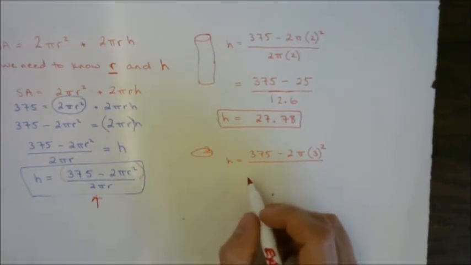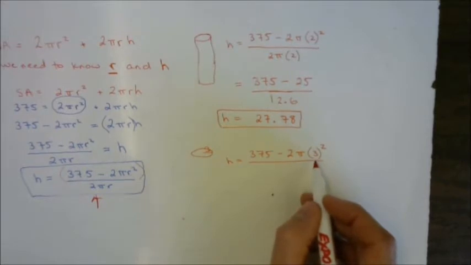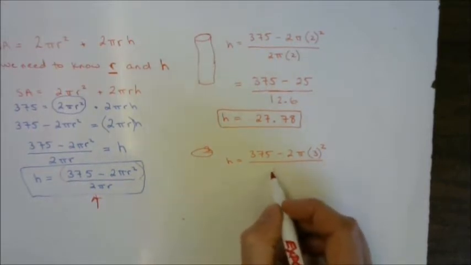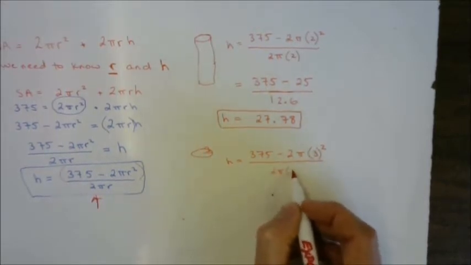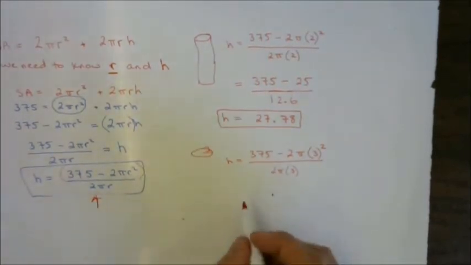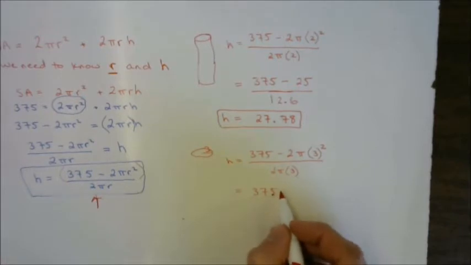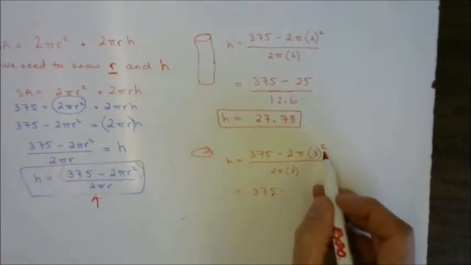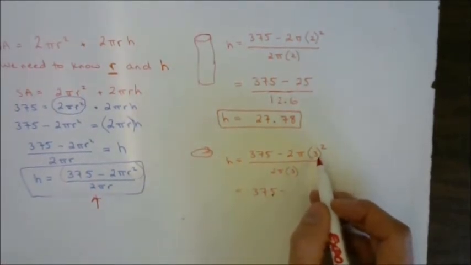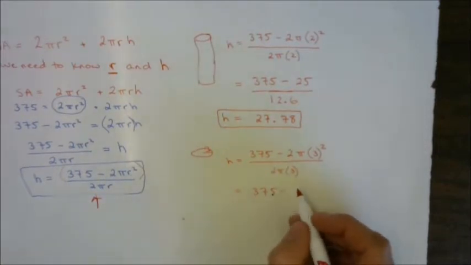Here we go. The height of the second one has a radius of 3, so plug in 3 wherever you see r. You've got 2 pi times 3 in the denominator. So 375 minus 2 pi r squared: what's 3 squared? 9. Times 2? 18. What's 18 pi?